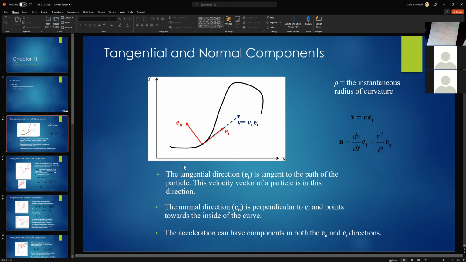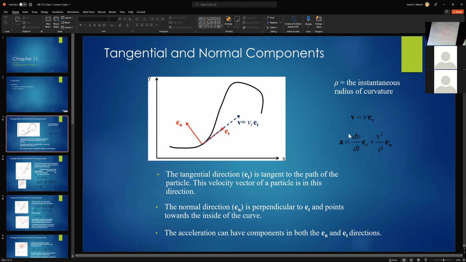The normal vector is always perpendicular to our velocity, and so there is no normal velocity, but there's a normal acceleration. We relate that by the equation a equals dv/dt times e_t plus v squared over rho times the unit vector in the normal direction.